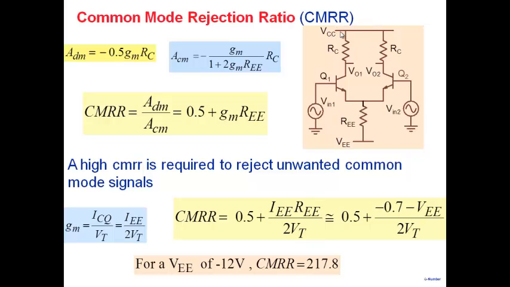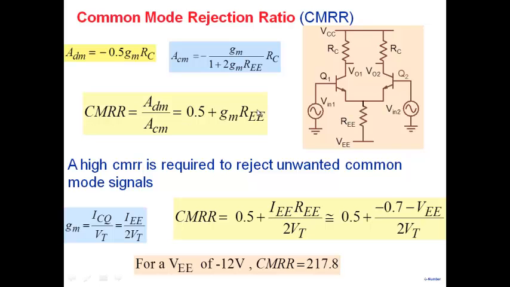And if it's a portable application, plus 1.5, minus 1.5, it would get even smaller. So the challenge before us is, this is a very simple differential amplifier, but it doesn't give us an adequate amount of CMRR. The ratio of ADM and ACM is not high for most applications. Therefore, we have to look for a method whereby we can improve the CMRR of this amplifier.